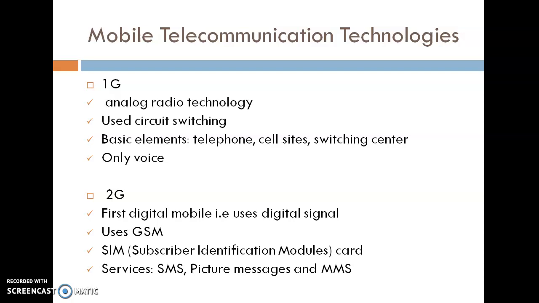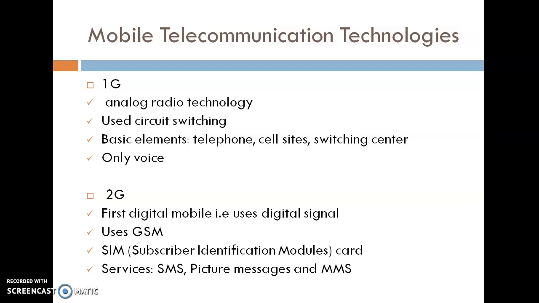And then after this, we have the second generation, which was introduced in the early 1990s. Unlike the analog phone, here is where you start using what we have nowadays, your cell phone. This was your first digital mobile that used the actual digital signal to send the message from one phone to another phone.